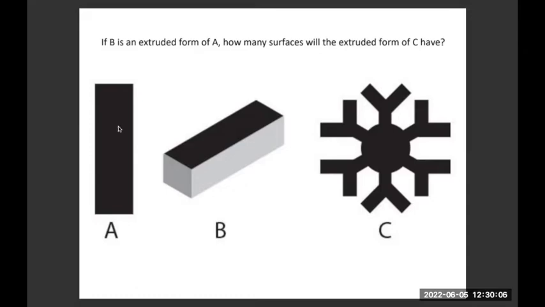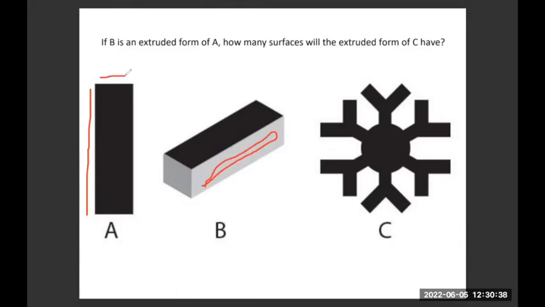Now here, you don't have to actually make the form. You don't have to make the 3D of it and then count the surfaces individually. Please don't do that. What happens in extrusion is that whatever is an edge becomes a surface. So if this is a line or an edge, that line or edge becomes a surface like this.